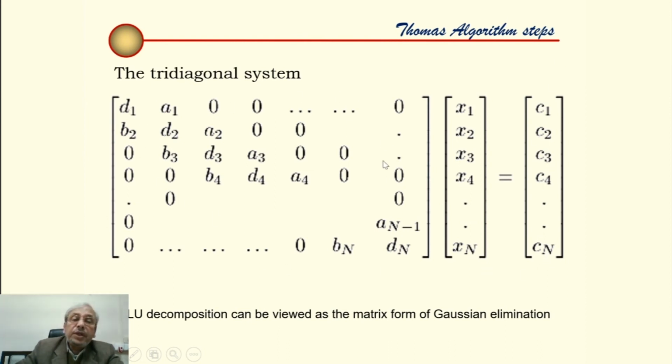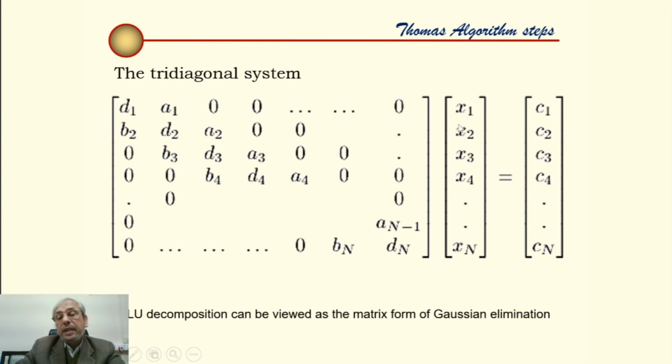The coefficient matrix has diagonal terms d1, d2, d3, d4 up to dn, and an immediate subdiagonal, where one element will be less, counting from b2, b3, b4 up to bn. And an immediate super diagonal, again one element less, starting with a1, a2, a3, a4 up to an minus 1.